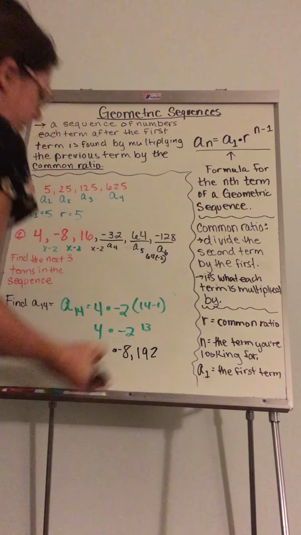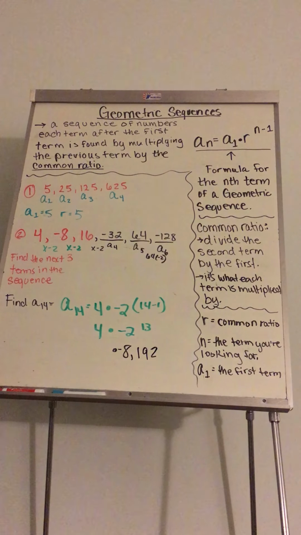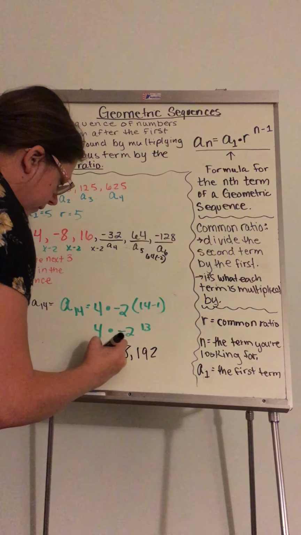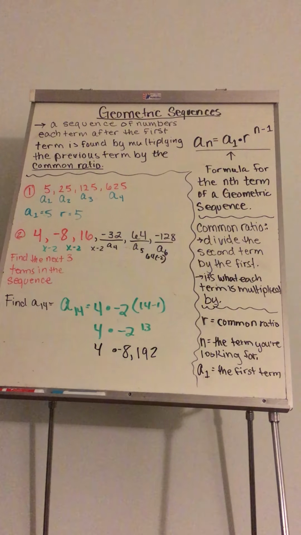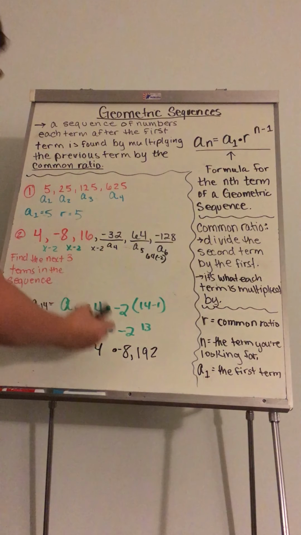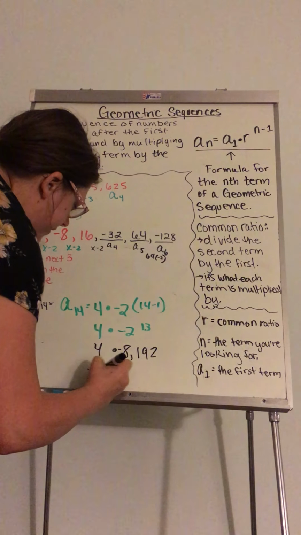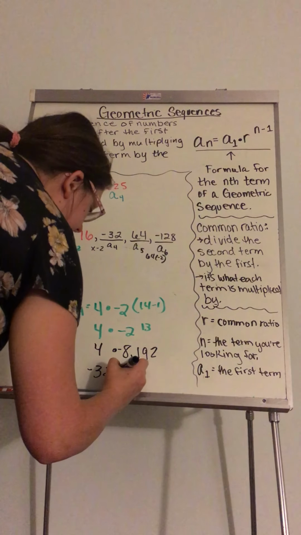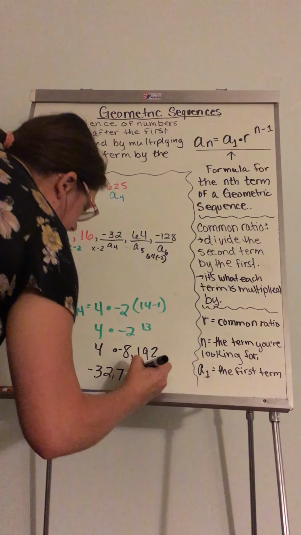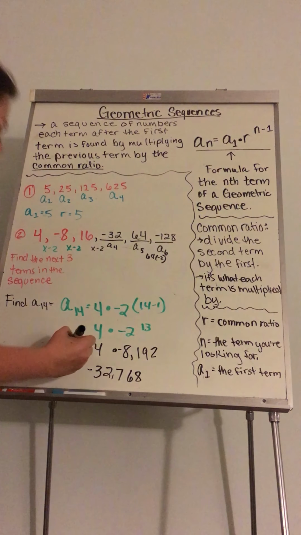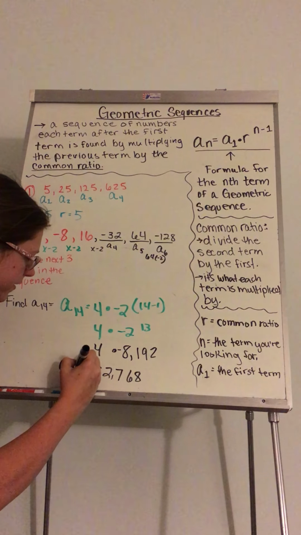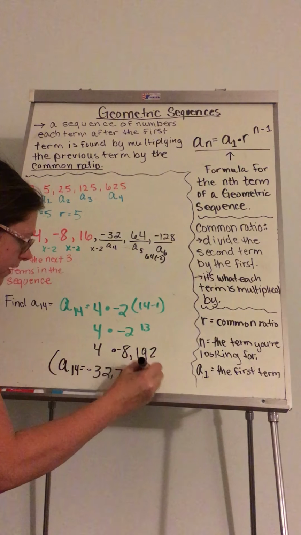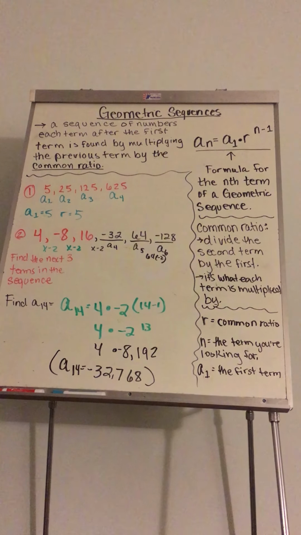Yes, you may use a calculator with this. And then times 4. Okay, so the final answer there is going to be negative 32,768. Okay, and that is the 14th term in the sequence, and that is where the formula comes in handy because it allows you to find any of the terms.